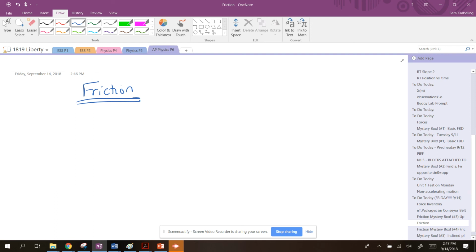The reason for that is that there are two different kinds of friction. The first one is called static friction. The word static just means, anybody know? Staying still or not moving. Yeah. So static friction just means that it's not moving. The other kind of friction, there's a word that starts with a K that means motion.